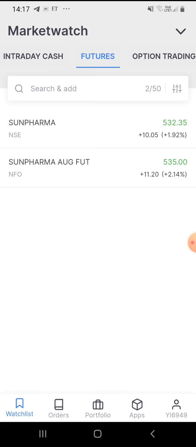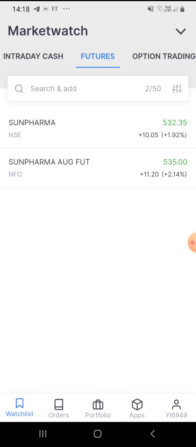That is the main reason why futures are getting expensive. Even if you are buying shares by investing in Sun Pharma, we can buy 10 shares, right? In intraday cash also, that is the advantage, we can buy 1 share, 10 shares, 20, 25, 30, 35 shares, based on our investment and our capital.